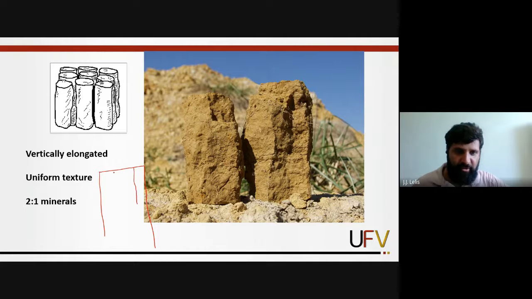The shrink and swell starts to create some cracks, and these cracks start to create some vertically elongated bodies, materials formed by the shrink and swell process.